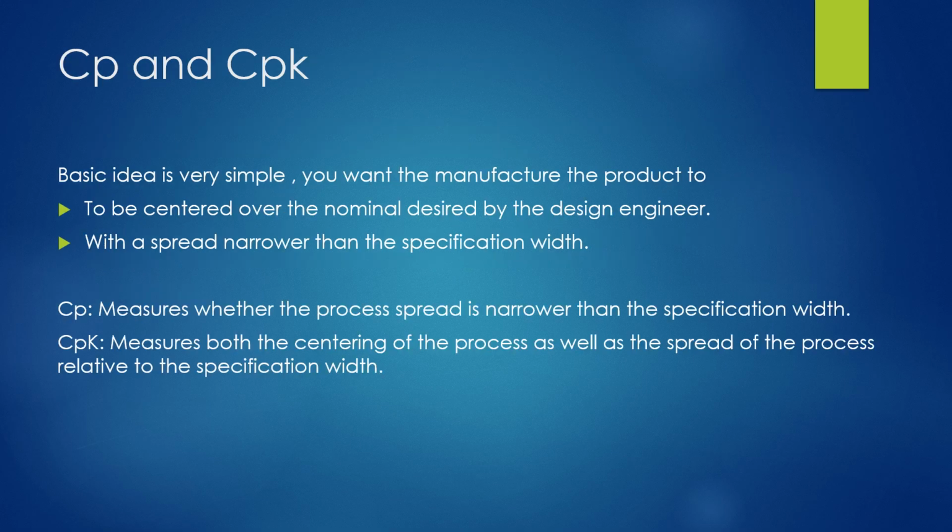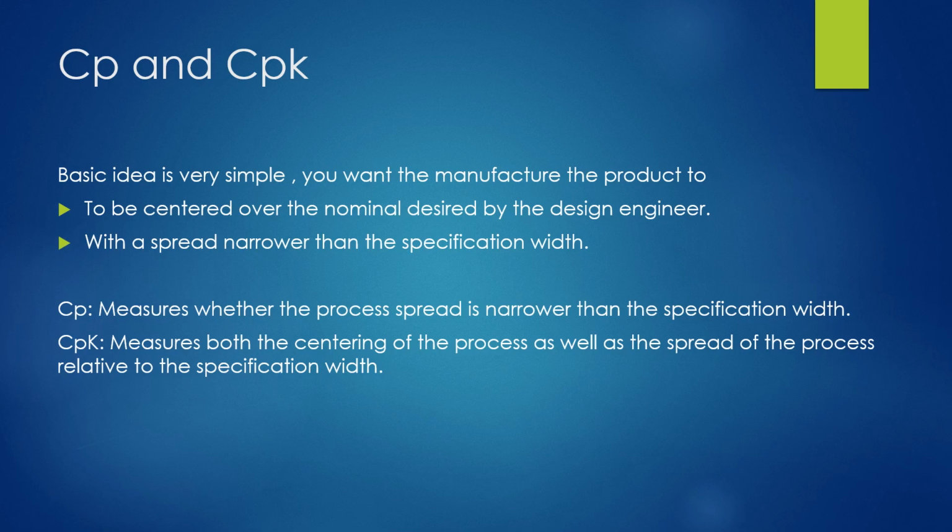The basic idea is very simple. You want to manufacture the product so that it is centered over the nominal desired by the design engineer. So the product being manufactured by the organization has to give better quality and yield.